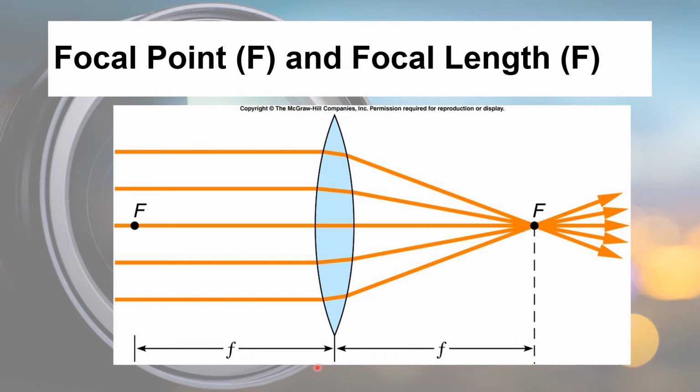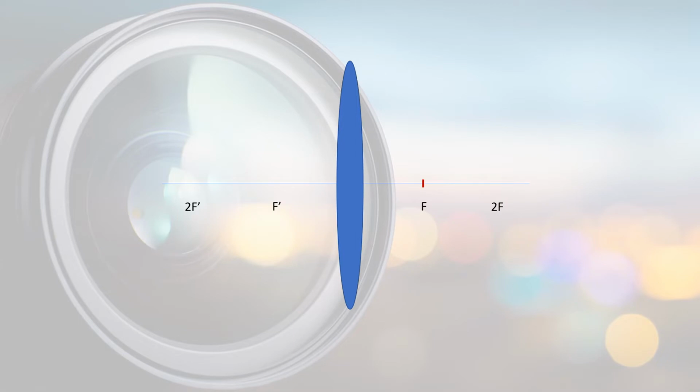Now, the distance between the lens and the focal point is called the focal length. Take note that the point behind the lens where the refracted rays meet is called the real focus and has the symbol capital letter F. Twice the focal length is where 2F is located.